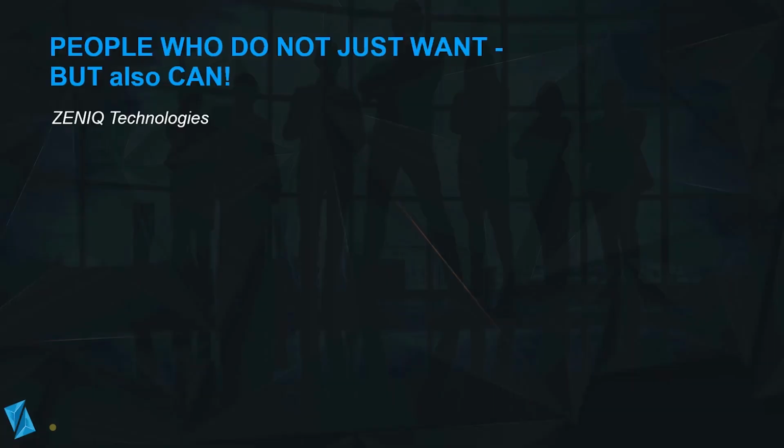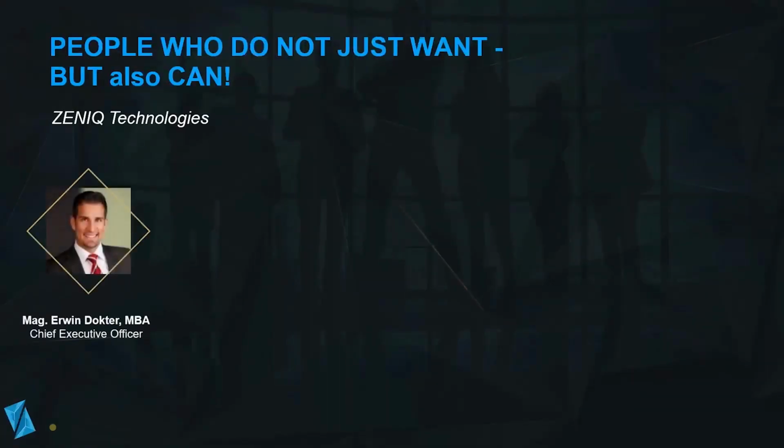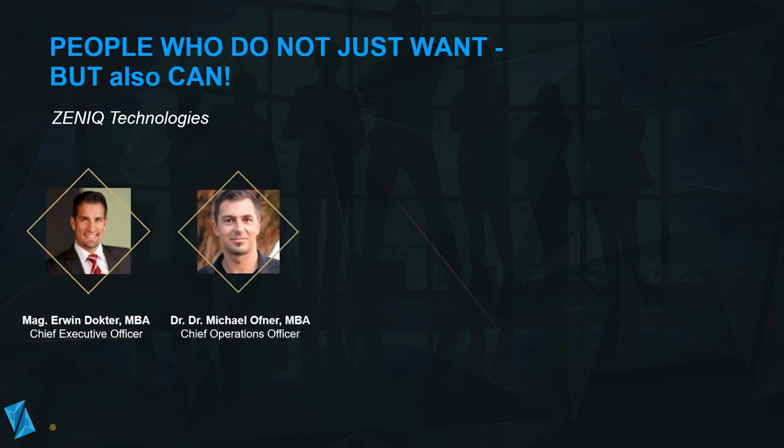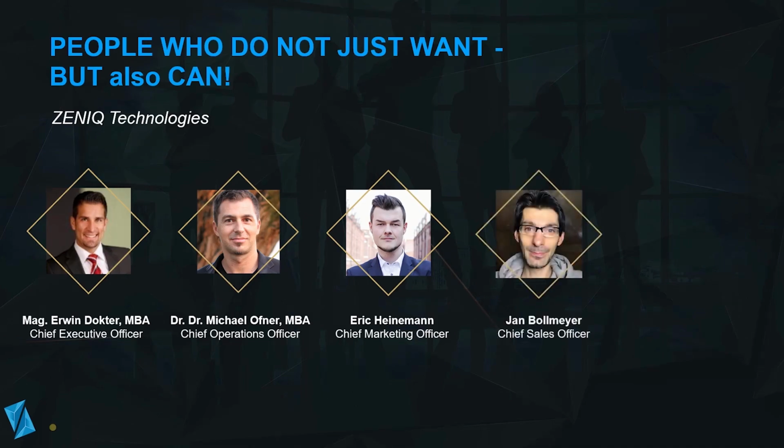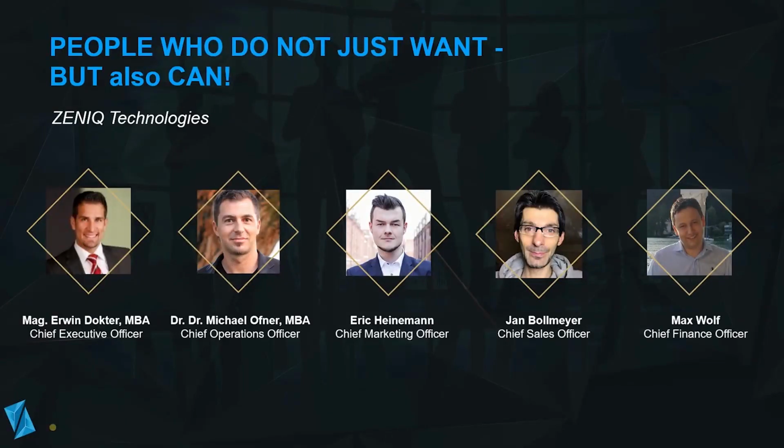Here we see the team. We have Erwin Doctor, the CEO of the company. We have Dr. Michael Ovner, COO, Chief Operations Officer. We have Eric Heinemann, Chief Marketing Officer, Jan Bollmeier, Chief Sales Officer, and Max Wolf, Chief Finance Officer. These people really know what it's about.